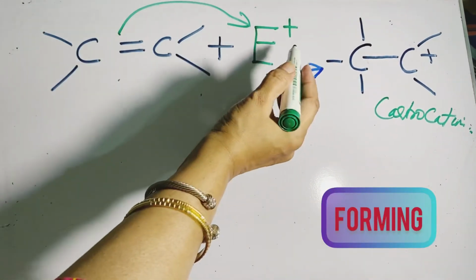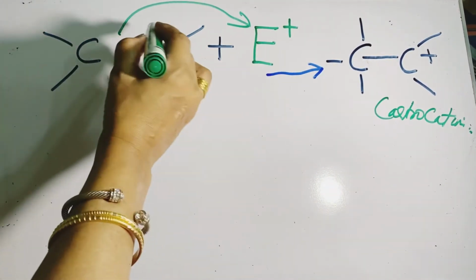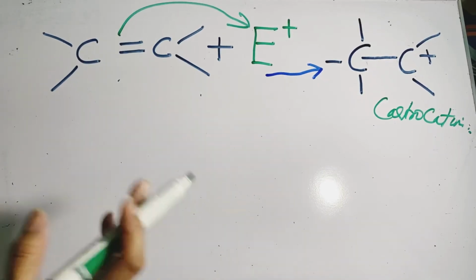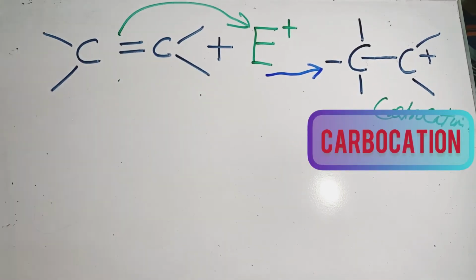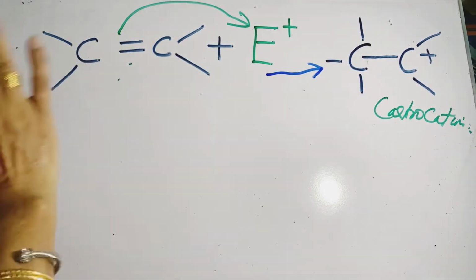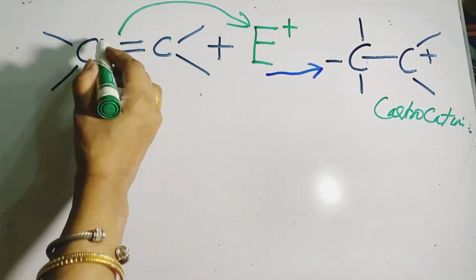As the strong electrophile, it attacks the loosely held pi bond electrons of that alkene, because as I mentioned in my previous figure, you have seen that they were loosely held.